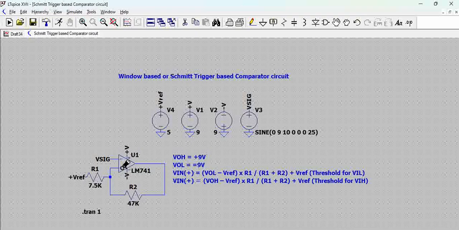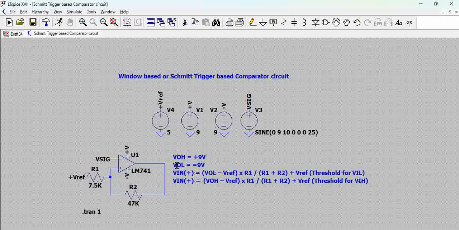So in this scenario, for this particular op amp, the output high, VOH, will be plus 9 volts. That is the maximum high at the output of the op amp, because the positive supply is 9 volts.